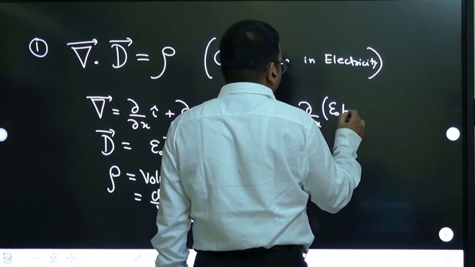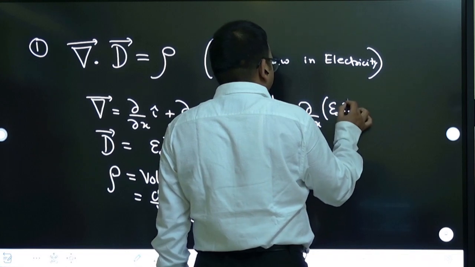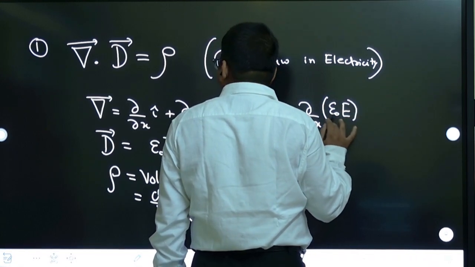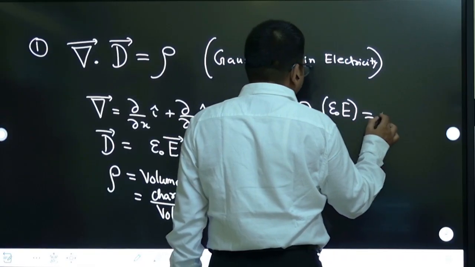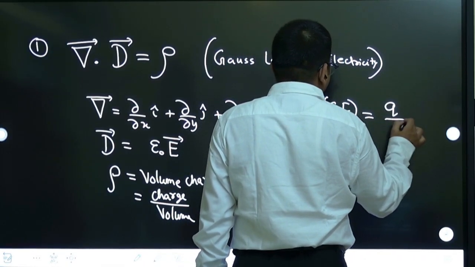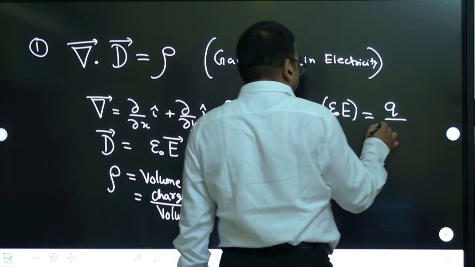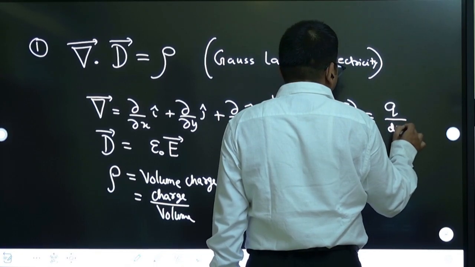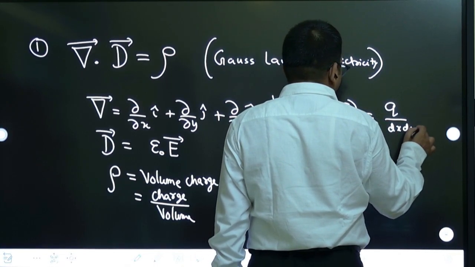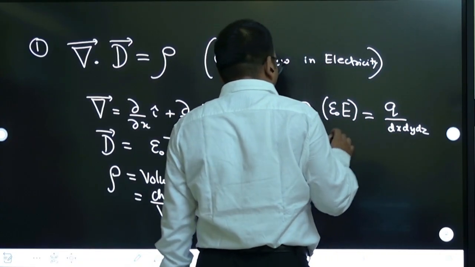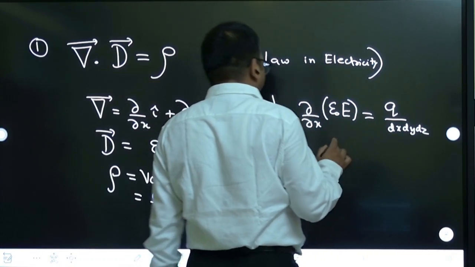Let us say that's the only electric field. So this will be left hand side. Right hand side is charge by volume. Volume can be written as dx dy dz, small charge by volume.